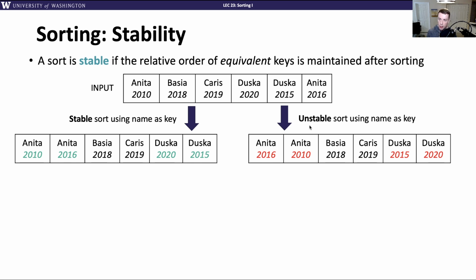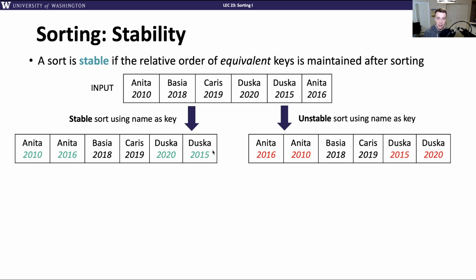Now, that's all well and good, but we like to add one extra adjective, one extra description to some of the sorting outputs and not others. What we call a stable sort is one that, in the case of ties, preserves the original ordering. So both of these sorts here that I'm showing are valid, correct sorts. They put all of the Anitas first, then the Basias, then Karis, and then the Duskas.